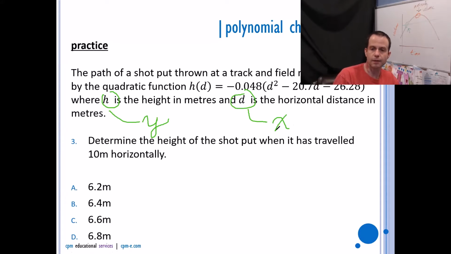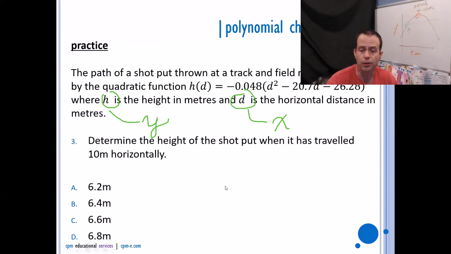Determine the height of the shot put when it has traveled 10 meters horizontally. So I've been given an x value here. I've been given the distance it's traveled horizontally, and I want the y value, okay? Well, those are fairly easy. You just plug in the 10 for x, right? So we don't even have to graph this.